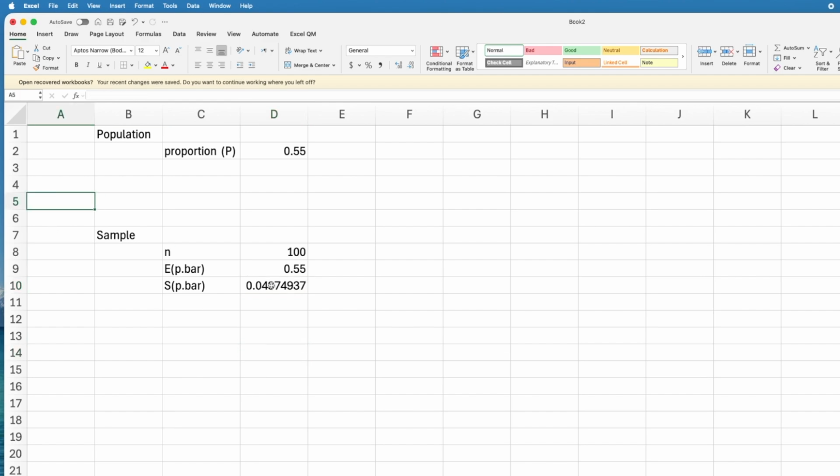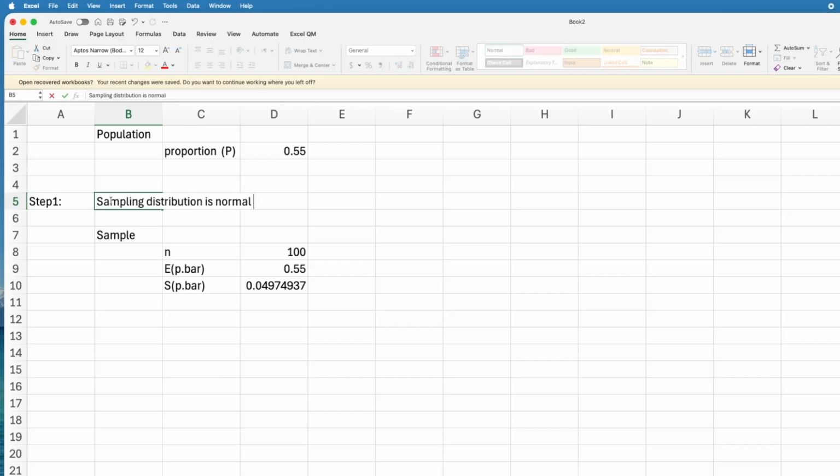Step 1, identify if this sampling distribution is normal. The sampling distribution of proportion is normal if two conditions are met: np is more than 5 and n times 1 minus p is also more than 5. Let's check them.